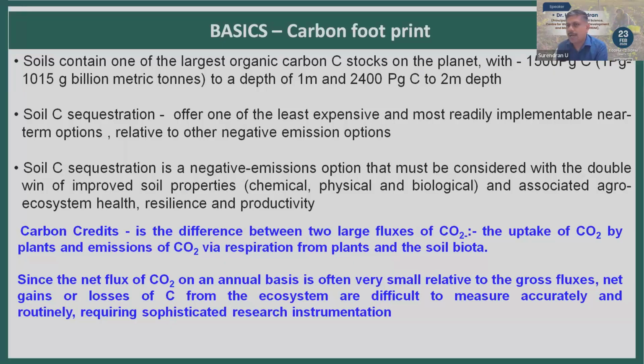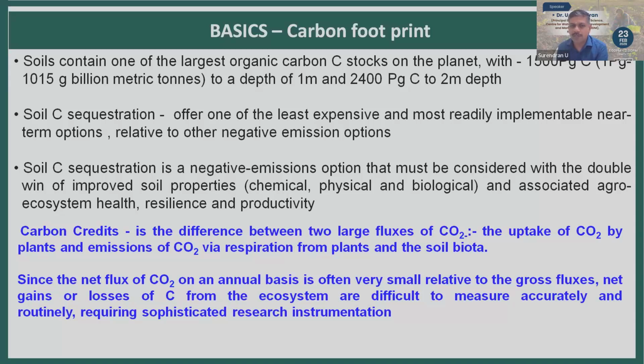Soil is one of the largest organic carbon stocks on the planet, with more than 1,500 gigatonnes to a depth of 1 meter. For 2 meters depth it is around 2,400, and it is the largest one. It is the least expensive and most readily implementable option, so that negative emissions can be thought about without much cost involved, even though the farmers are directly involved in that.